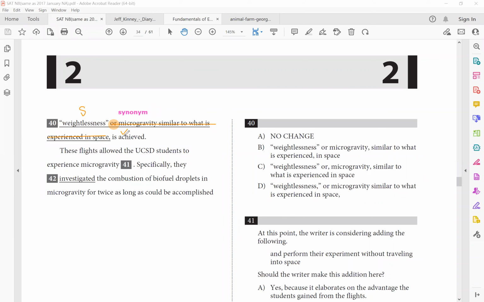That means you need to enclose the whole non-essential information with commas, which leaves D. Keep in mind that the comma has to come inside the quotation. We will talk more about non-essential information using synonyms later, but keep in mind that you need two commas.